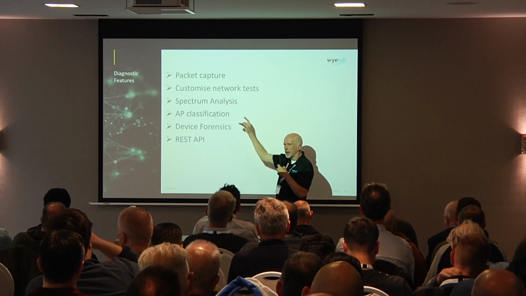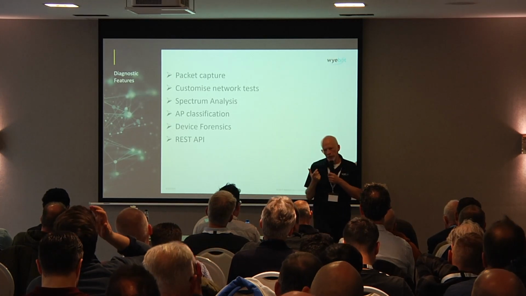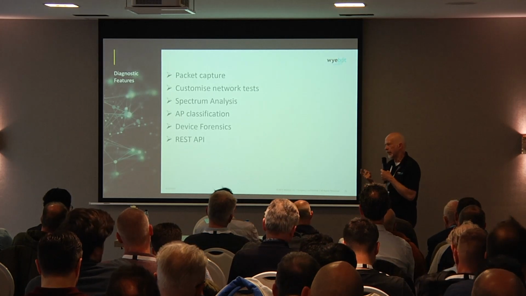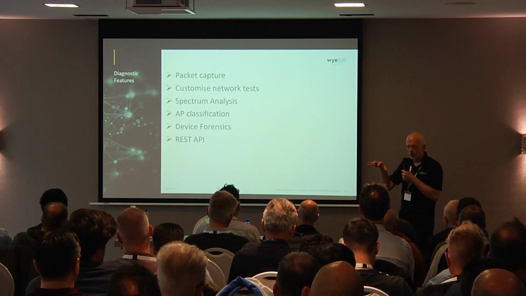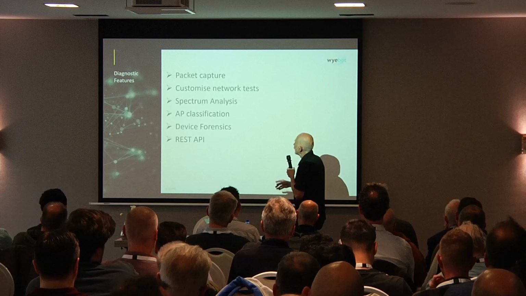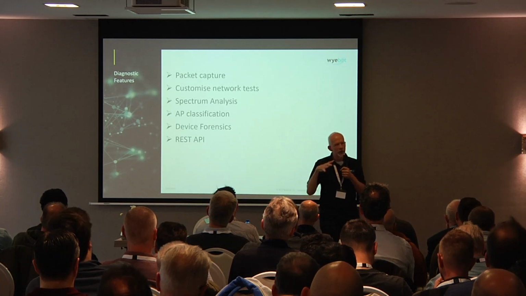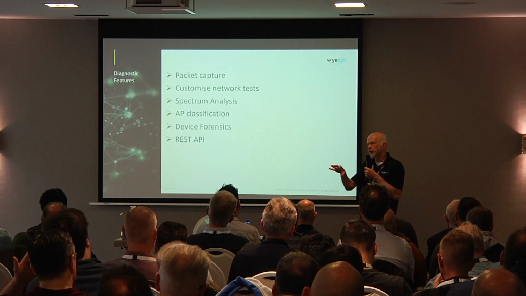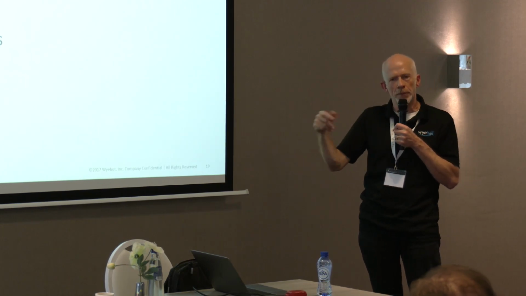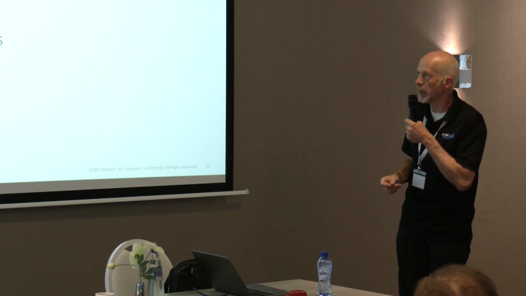We have spectrum analysis on board, so we're using those 2 passive radios from Broadcom. Broadcom have embedded spectrum analysis capability in there, so we just extract that. We have a feature called AP classification, which is when the system first comes up, it will scan around and find your APs, because you've already told the system these are the SSIDs that I'm running, and this is a username and password or pre-shared key for getting onto these networks.